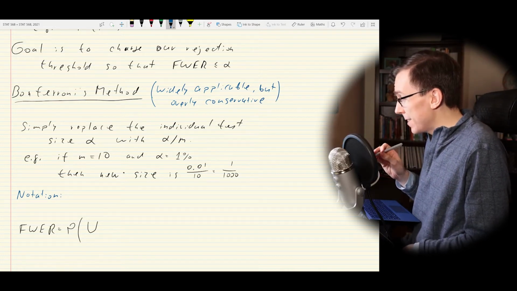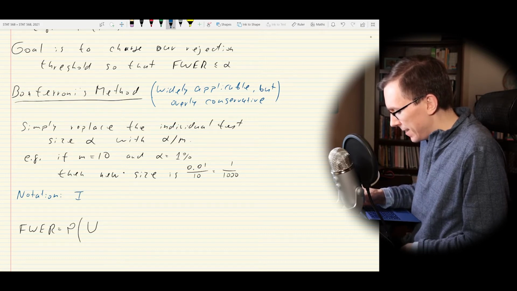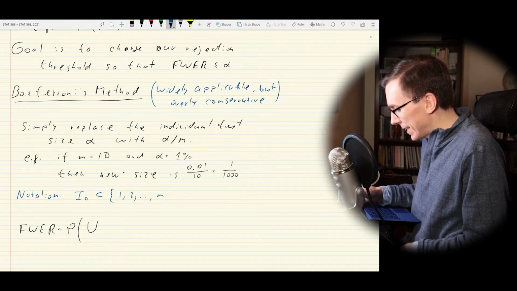And the notation is that we'll say we have I naught is going to be a subset. It's going to be a bunch of numbers between 1 and m. It's going to be a subset of that.